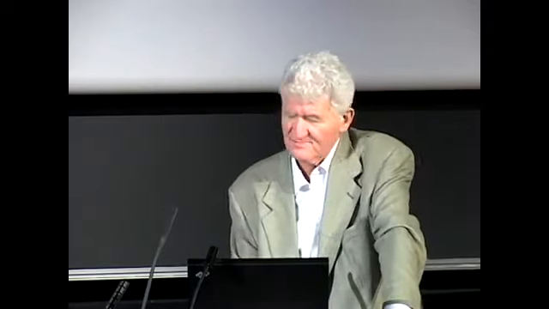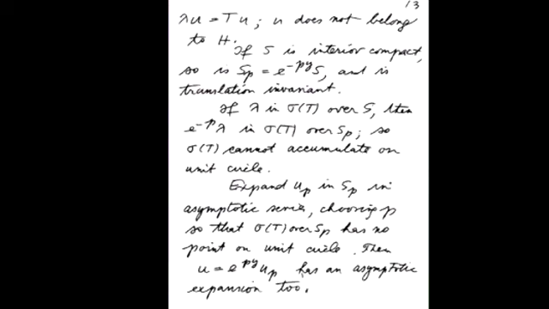And then by multiplying back by e to the py, I get a similar asymptotic expansion for the functions u in my original space H. And I think that's the last slide.